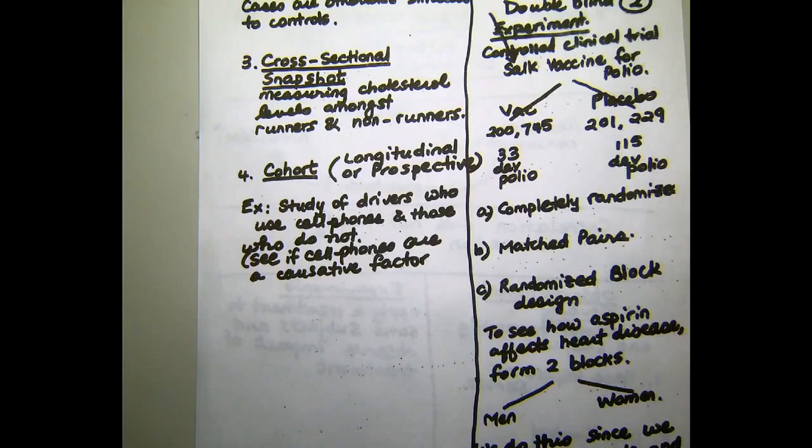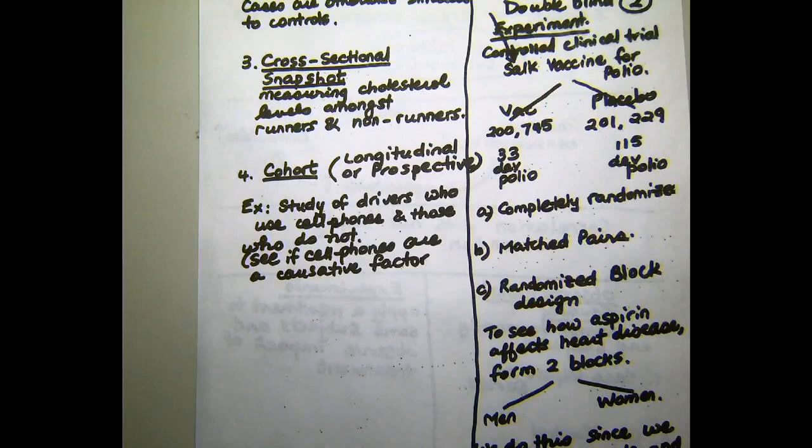Or how about following smokers and non-smokers to see if smokers have a higher incidence of whatever you're studying? How about following people who are vegans and following people who have normal diets to see if the vegans develop some kind of risk to some disease or not? That would be a longitudinal study.